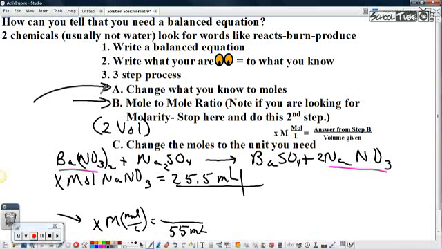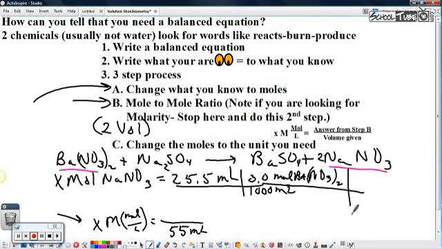The molarity. So 1,000 milliliters, and on the top I'm going to put the molarity, 3.0 moles of BaNO3 2.